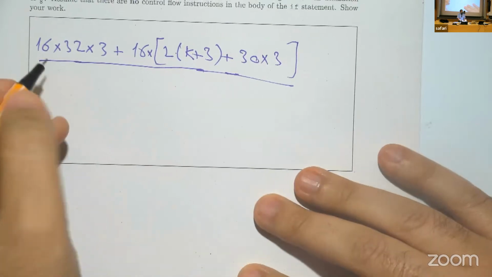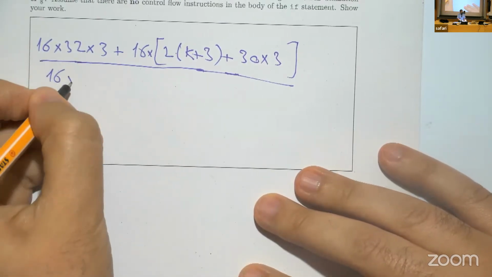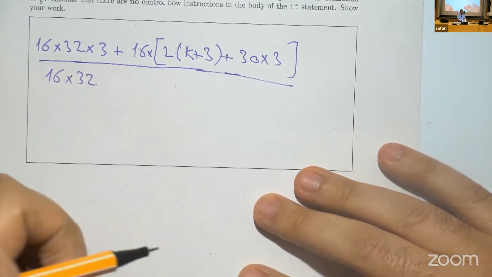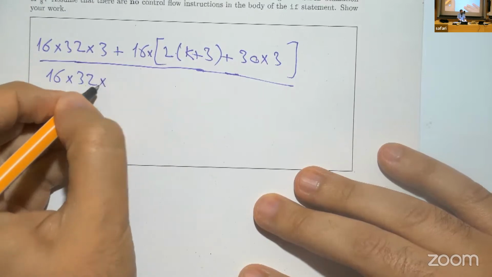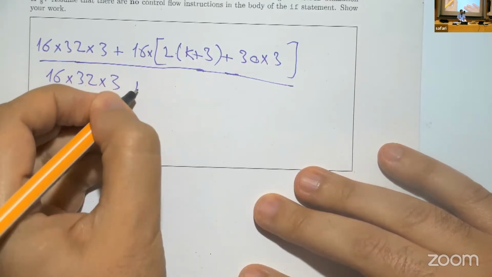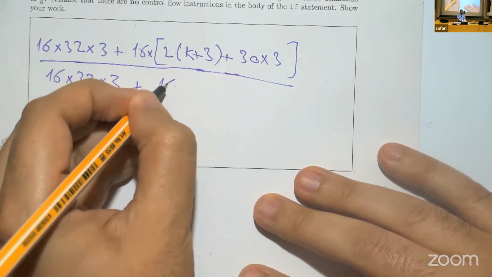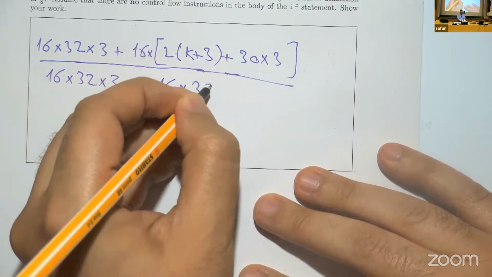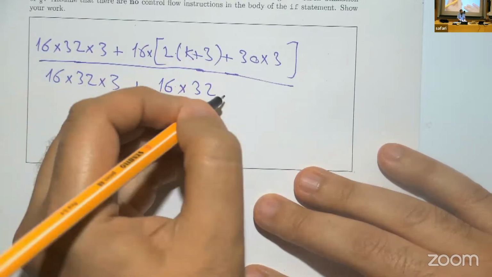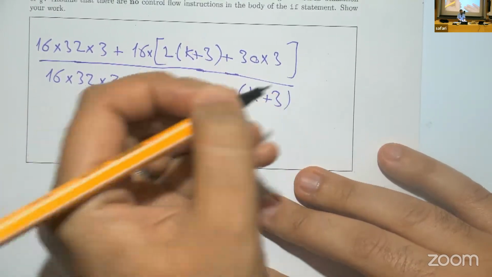And here the last 16 warps each have 32 threads, and all of them run 3 instructions. But the difference is here. So we want to have 16 warps, each of them 32 threads, times Co plus T3.